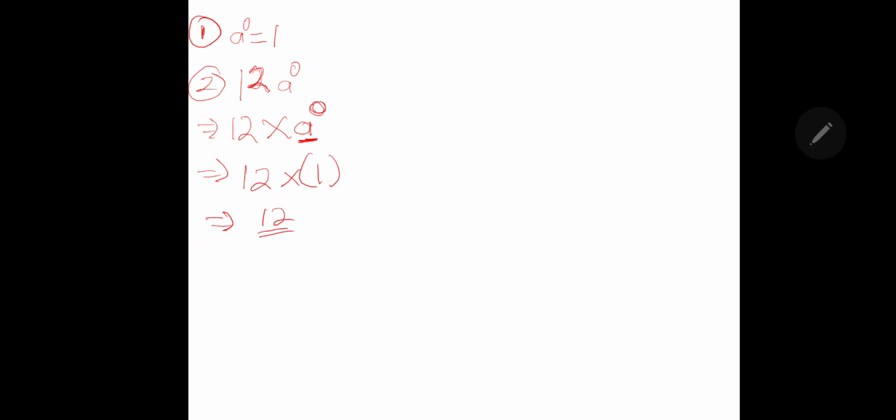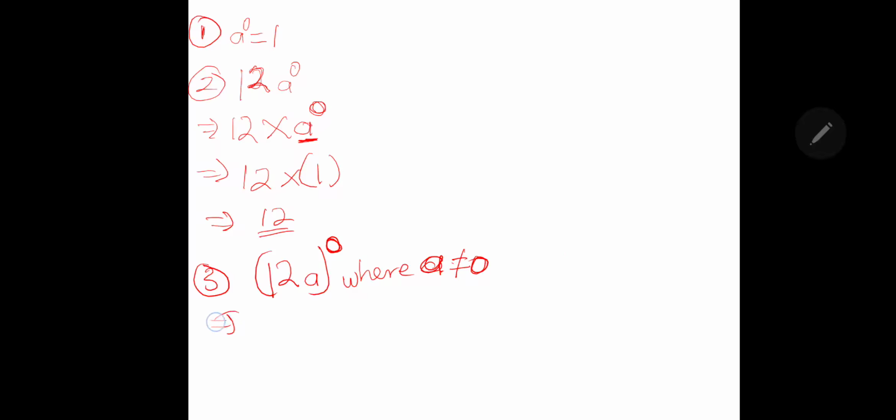Right. Let's go to our third example. Assuming you have (12a) to the power 0, where a is not equal to 0, or where a is a non-zero number. This is the question: simplify.